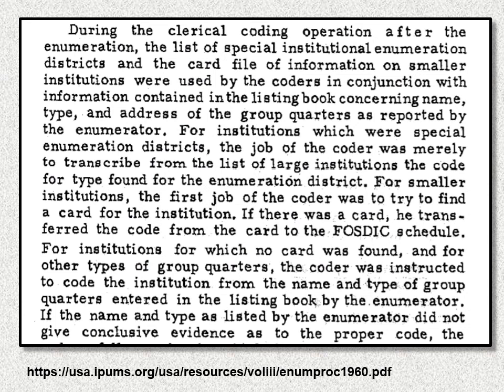And here I find from the procedure, and this is about institutions and their coding numbers, this says that during the clerical coding operation after the enumeration, so that's still true, the list of special institutional enumeration districts and the card file of information on smaller institutions were used by the coders in conjunction with information contained in the listing book concerning name, type, and address of the group quarters as reported by the enumerator.